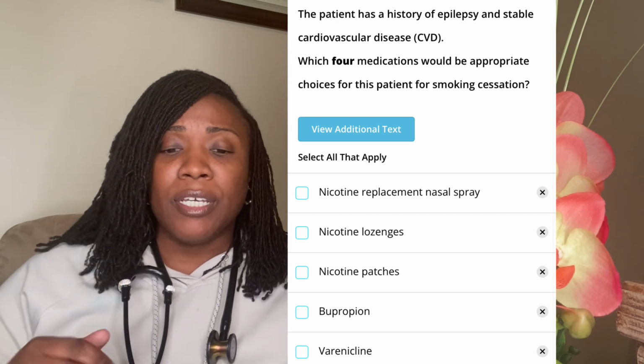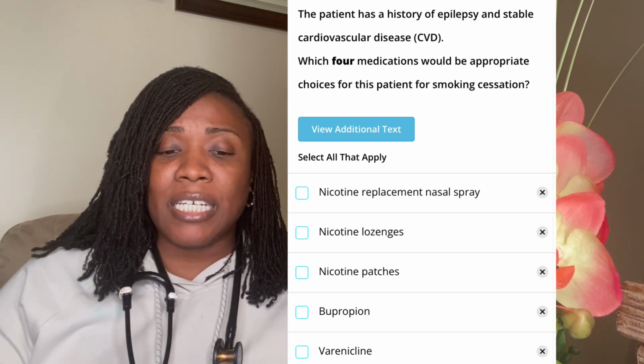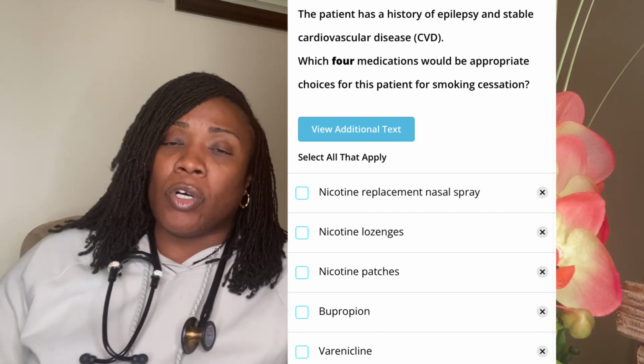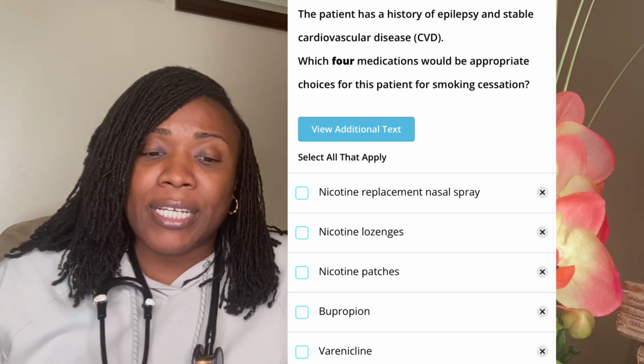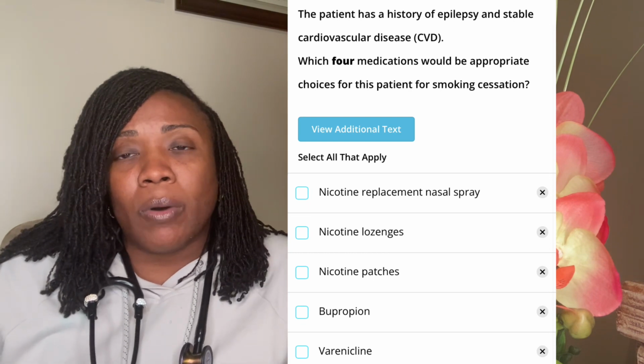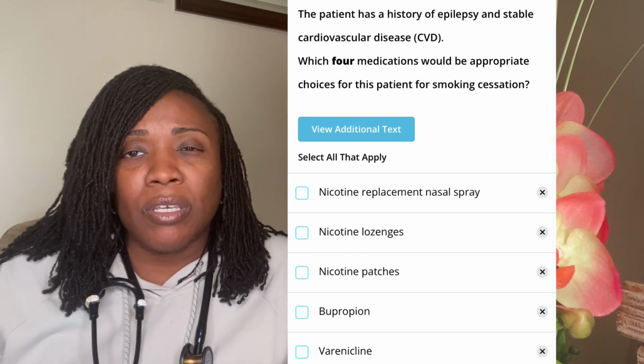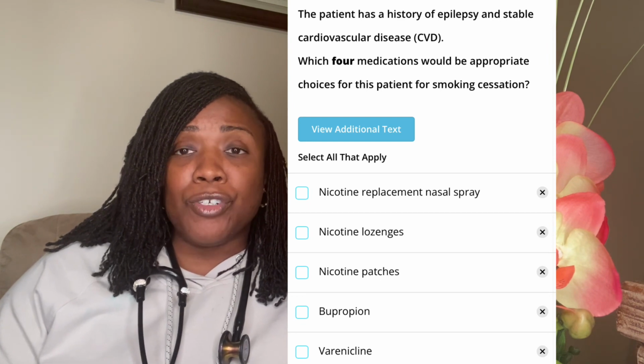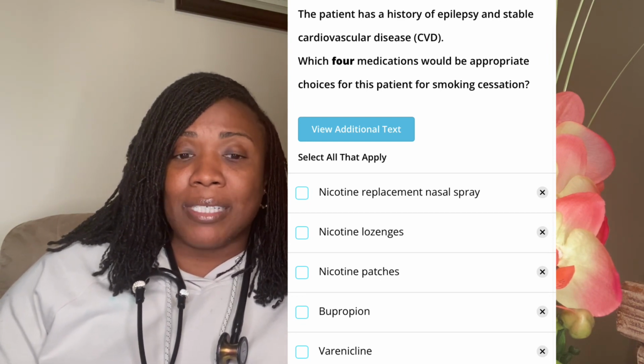It's usually determined when there's an issue with the seizure threshold. If the seizure threshold is reduced, then someone will have a seizure. So you want to stay away from medications that would induce a patient to having a seizure.